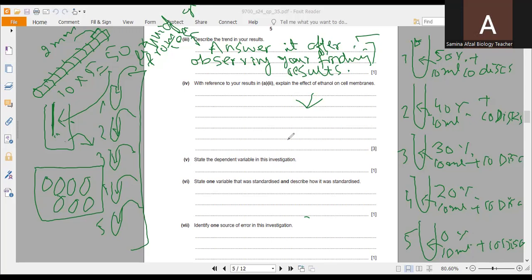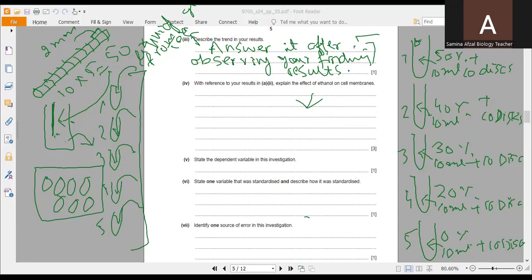The next question is to state the dependent variable in this investigation. The independent variable is that variable according to which the dependent variable changes. So here the independent variable is the concentration of the ethanol which we have used during this experiment, the different concentrations.